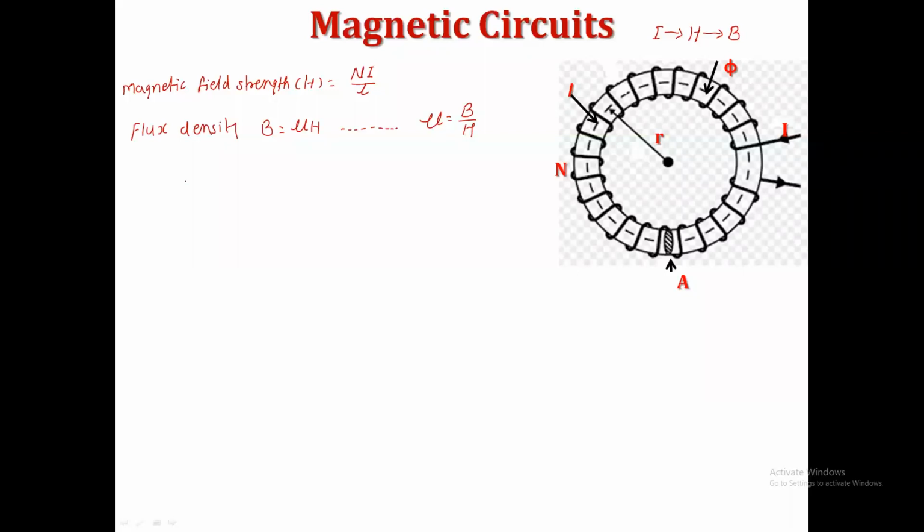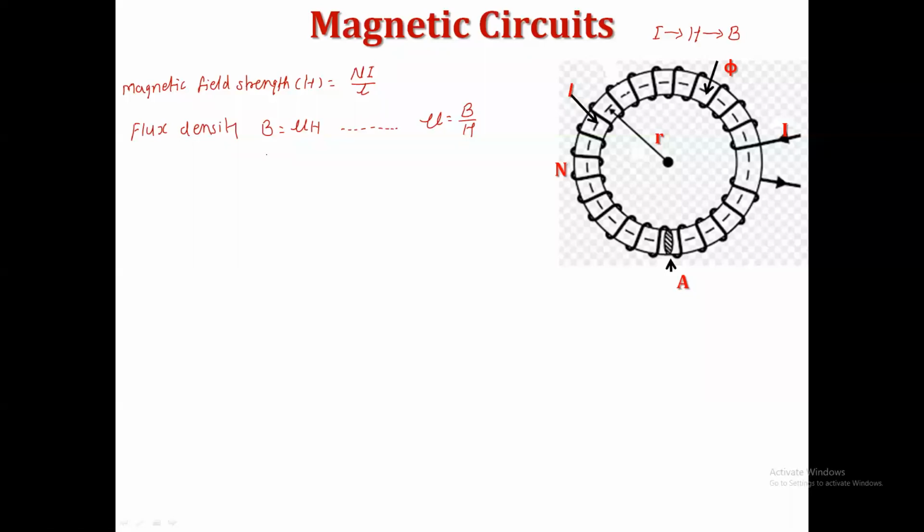As we know, the formula for the flux density B is equal to mu into H, where mu is the permeability of a medium. Now here I consider that iron rod, so definitely the mu is based on that iron rod. Get my point? So here, can I put that value of H in the formula of the flux density?